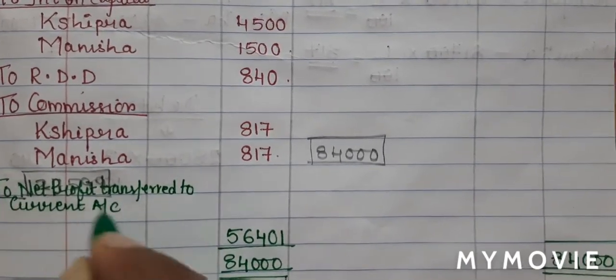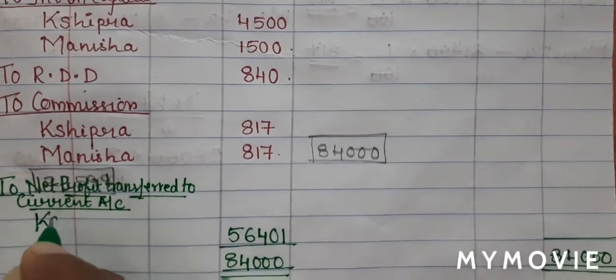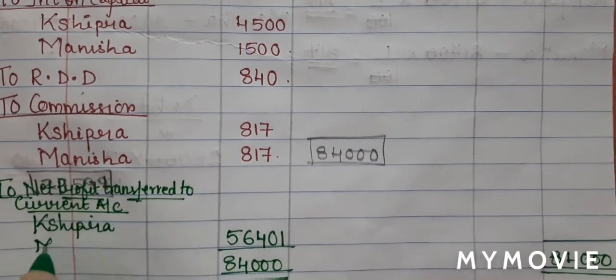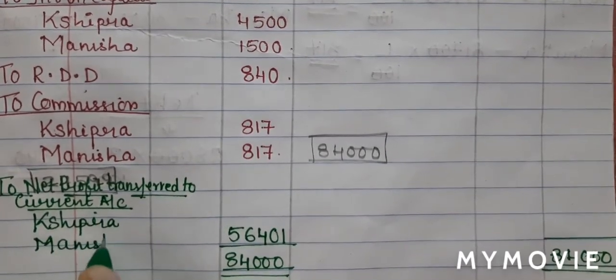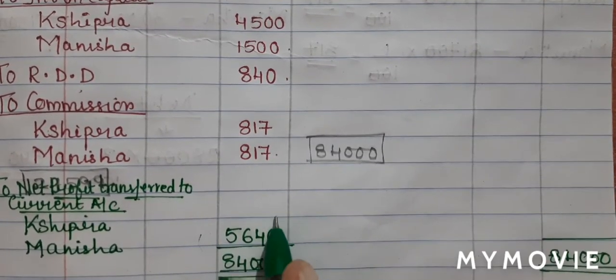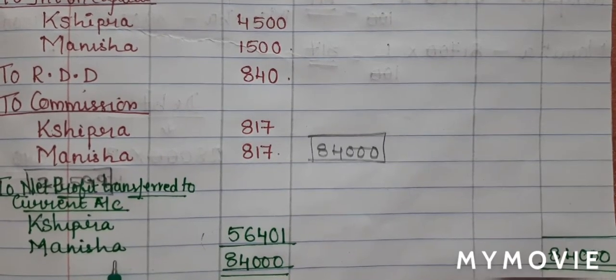And I will underline this, write the names of the partner, Shipra and Manisha. Now this is my net profit, which I will distribute to them according to their ratio.